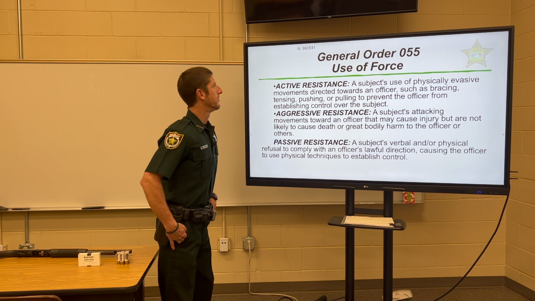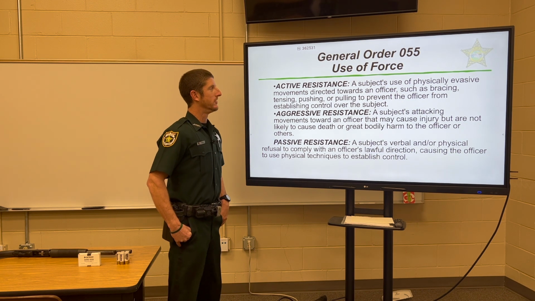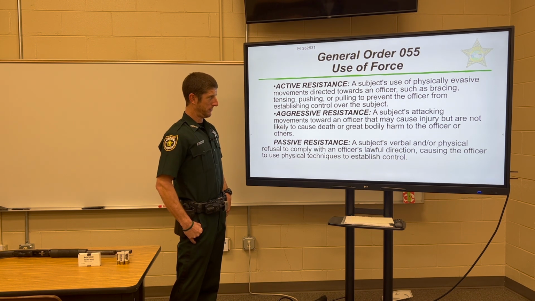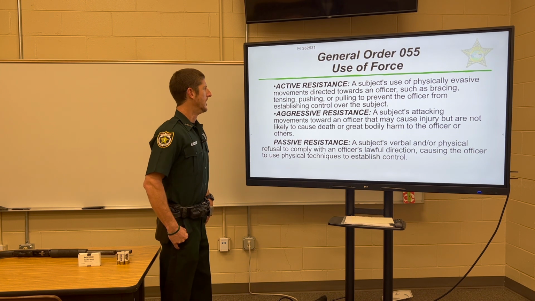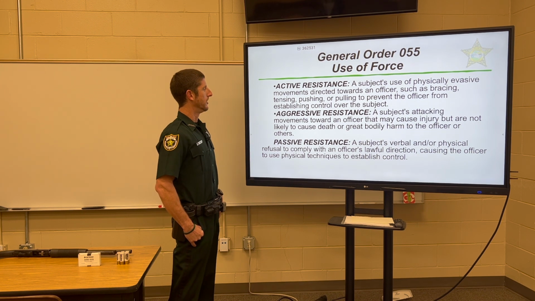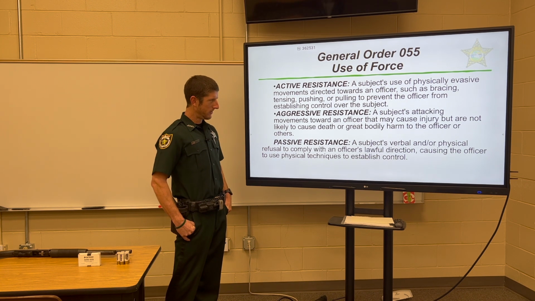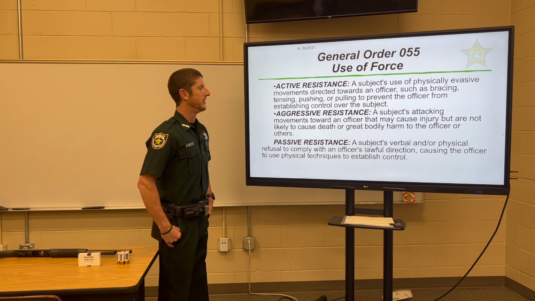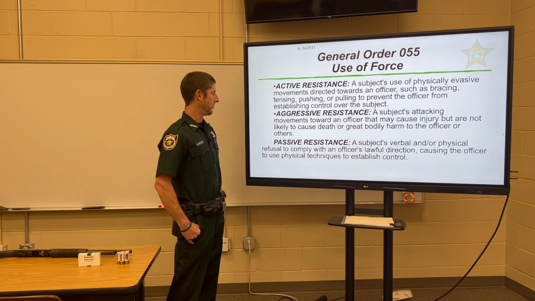All right, this general order, use of force. Active resistance: a subject's use of physical evasive movements directed towards an officer, such as bracing, tensing, pushing, or pulling to prevent the officer from establishing control over the subject. We've got aggressive resistance: a subject's attacking movements toward an officer that may cause injury but are not likely to cause death or great bodily harm to the officer or others.